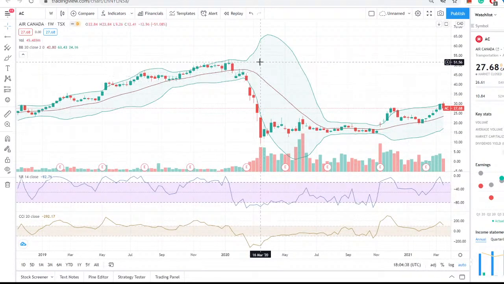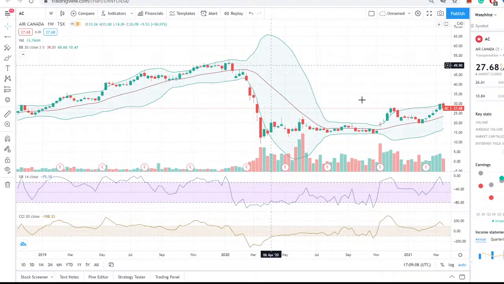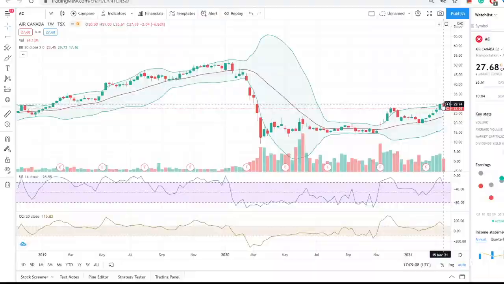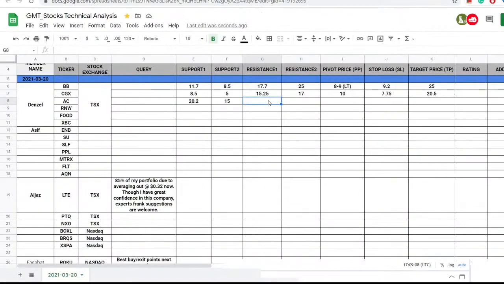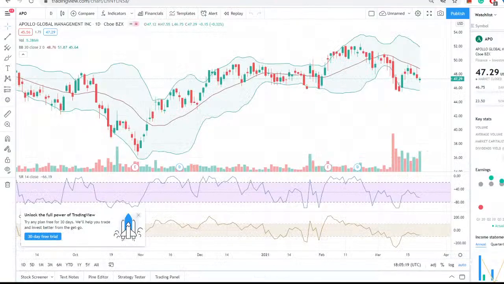Then 30, 45, and then 51. I think it's better to wait for it to fall down.